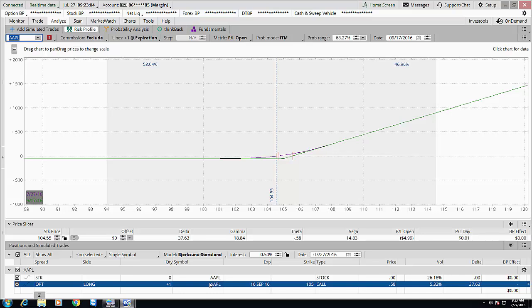So we're looking at a 3-to-1 reward risk ratio or higher, and if we keep this position on, we have a possibility, believe it or not, to get to 8-to-1 reward risk ratio or higher, assuming that the volatility remains the same and assuming that Apple keeps on going higher.